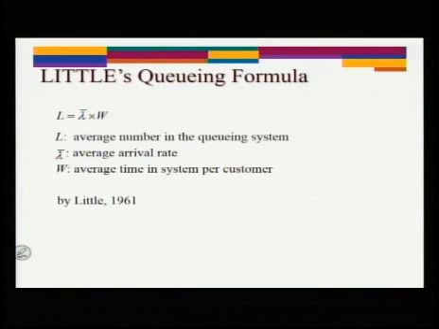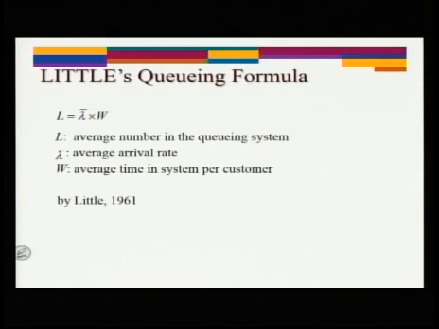And earlier we also talked about Little's law. This Little's law applies to any queuing system having a steady-state probability distribution. It relates the mean queue length to the arrival rate and mean response time.